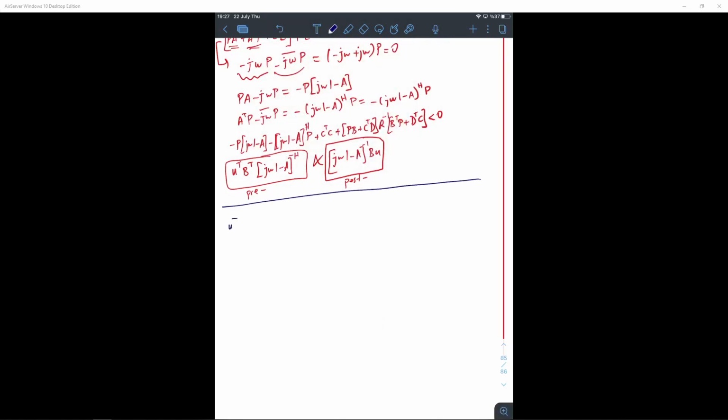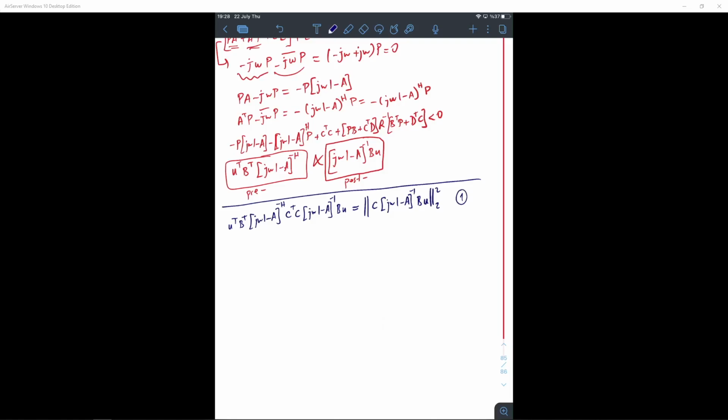U transpose B transpose j omega identity minus A minus Hermitian C transpose C j omega identity minus A inverse BU equals C j omega identity minus A inverse BU. Okay, this was the first term.